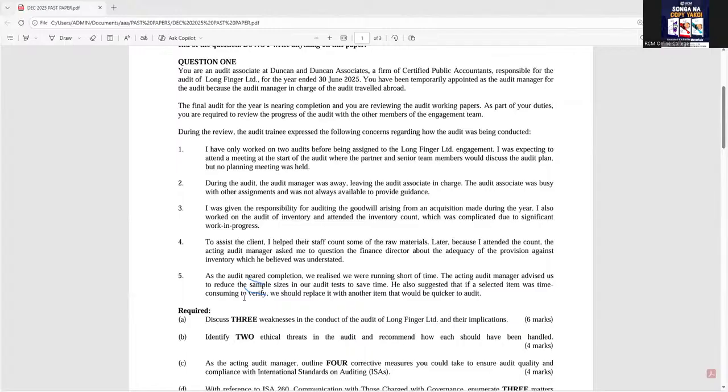Someone is marking 100 scripts or 1,000 scripts. So you just have to be very strategic in the way you approach the paper and give the answers. That's what I can advise for now, Otieno.